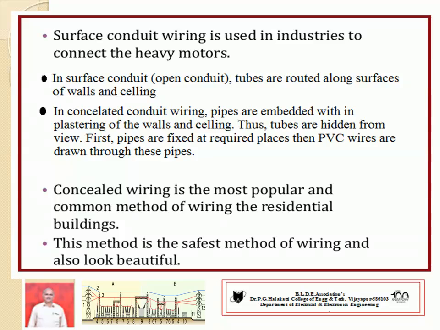What is the advantage here? Alteration is possible and physical inspection is possible. Mechanical injury is not possible because the tube structure provides protection to your conductors. It can be used nearer to gas lines and pipelines, and there is an absence of moisture effect, chemical effect and fire effect.